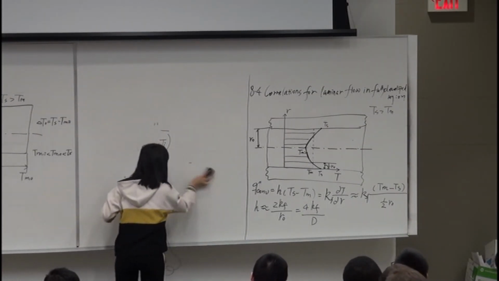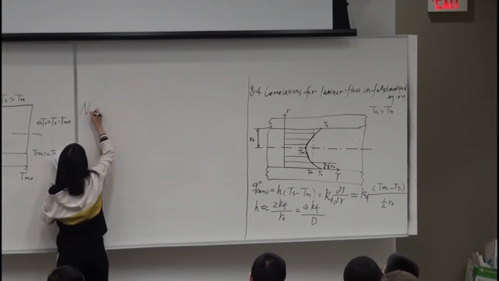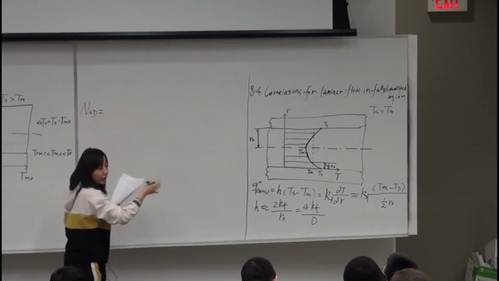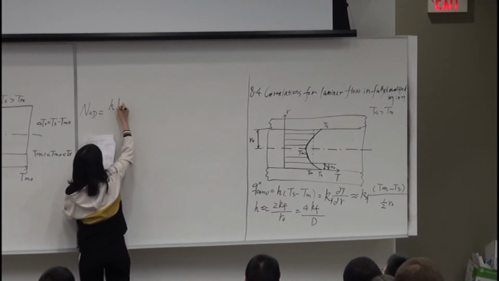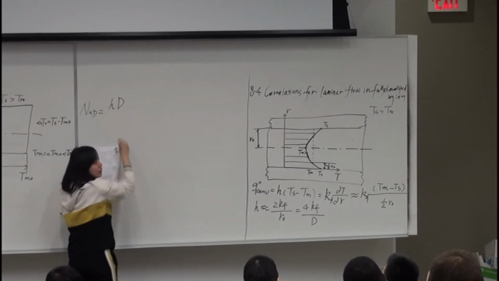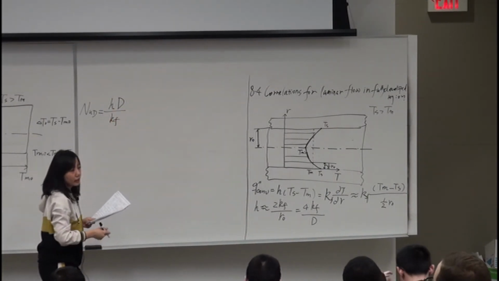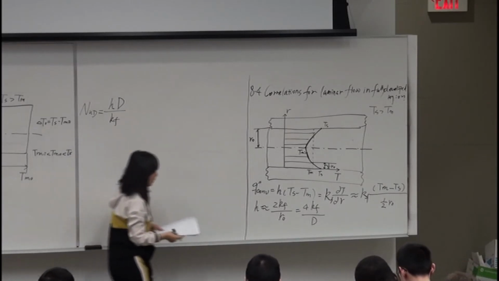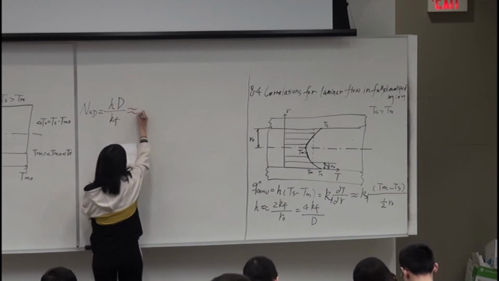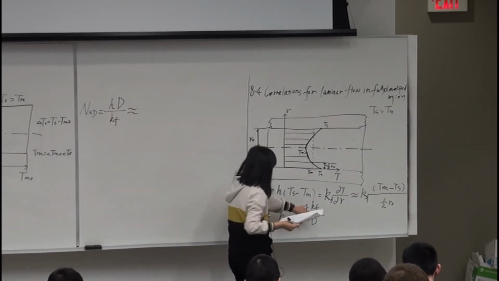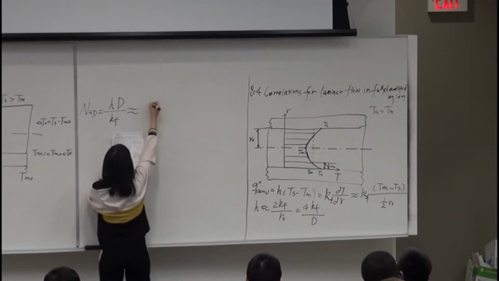And its dimensionless counterpart, the Nusselt number, is defined as hL over k. For internal flow, the characteristic length for circular tubes is always the diameter of the tube, over k_f, the thermal conductivity of the fluid, by definition. And if we substitute our approximation here, h is more or less like 4 times the thermal conductivity of the fluid over the diameter.